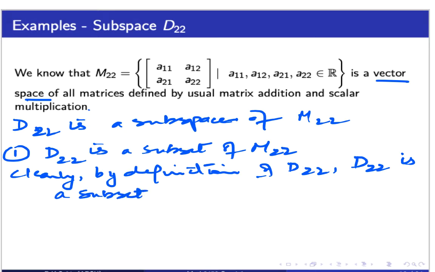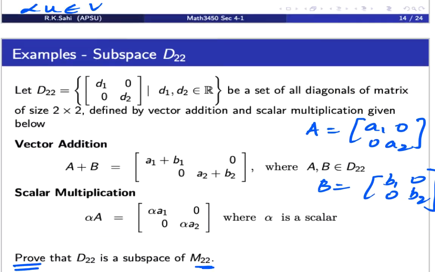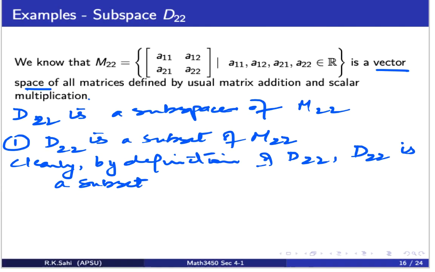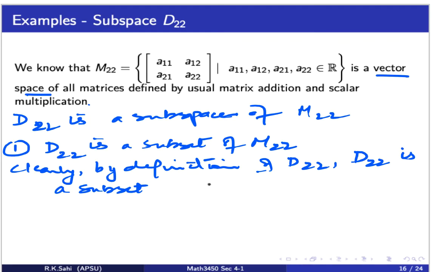D22 is this. This is my D22. It's a collection of 2 by 2 matrices where the elements on the diagonal, starting from top left to bottom right, are d1 and d2, but the rest of the elements are zeros. So clearly it looks like an M22 element. It's just a matrix of size 2 by 2. So clearly the first thing is proved.